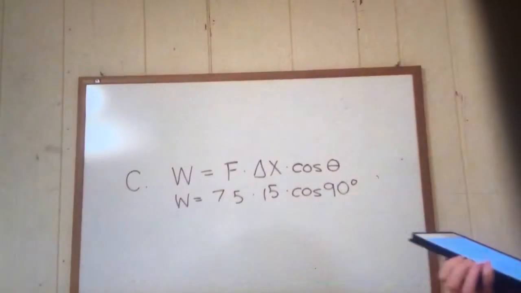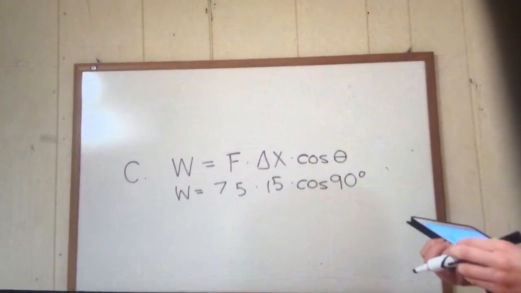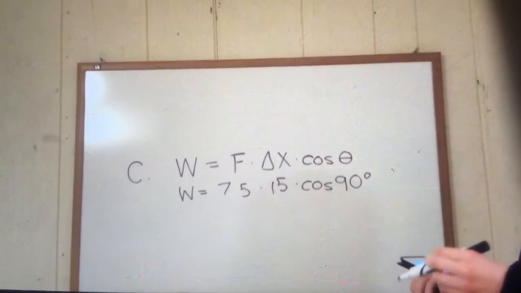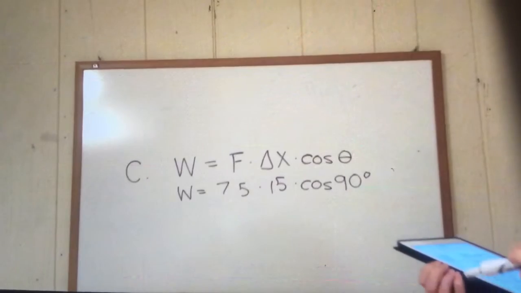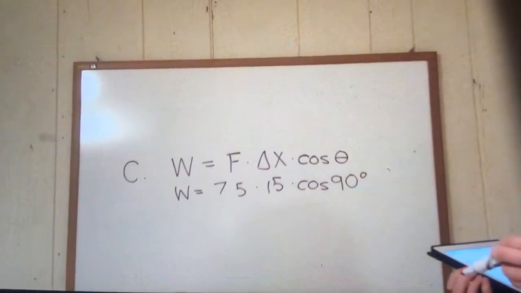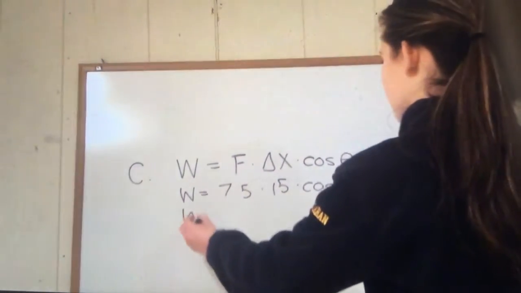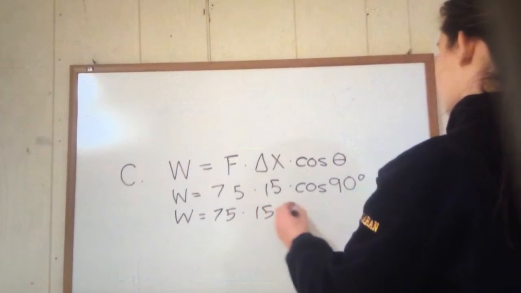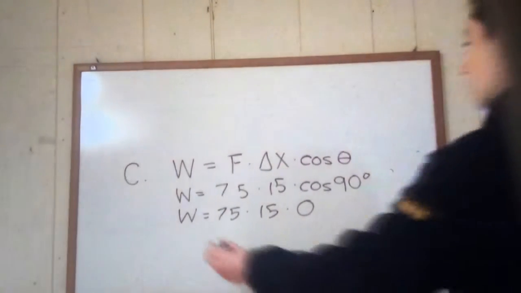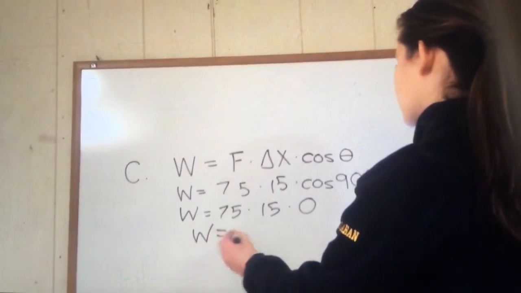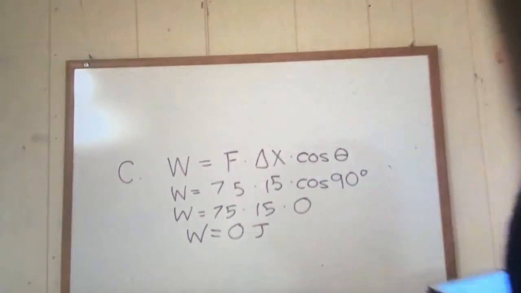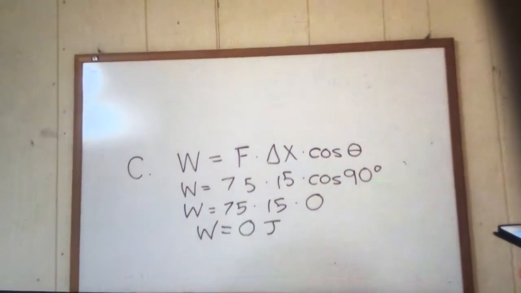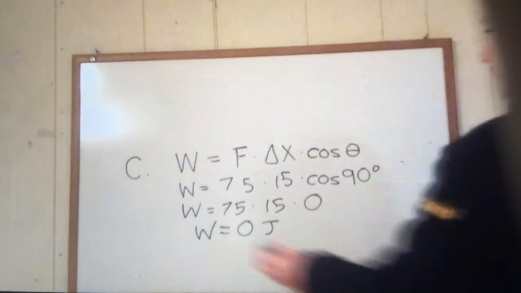We plug in 75 newtons for the force, 15 meters for the displacement, and 90 degrees for theta because the normal force makes a 90-degree angle with the surface. Now we will multiply and solve. Since cosine of 90 is equal to 0, the work done by the normal force is 0 joules.